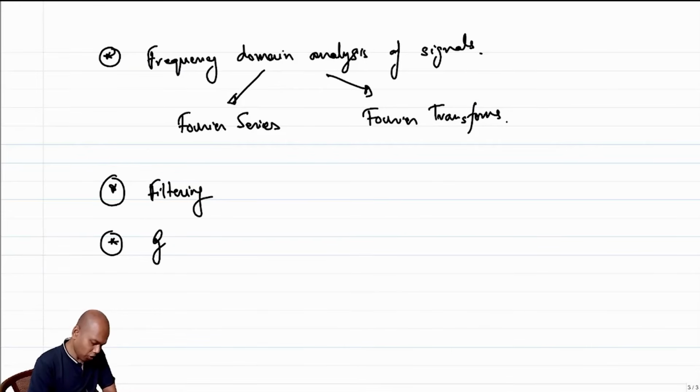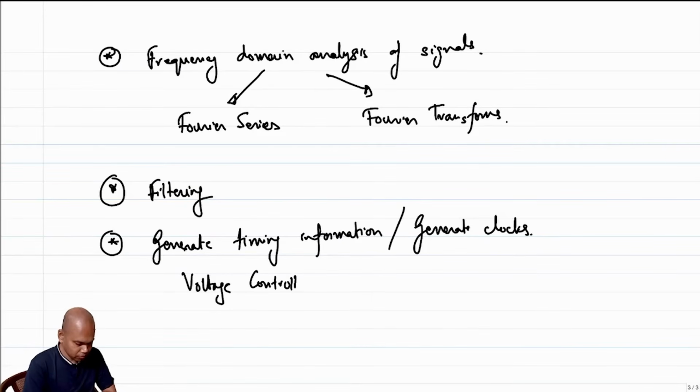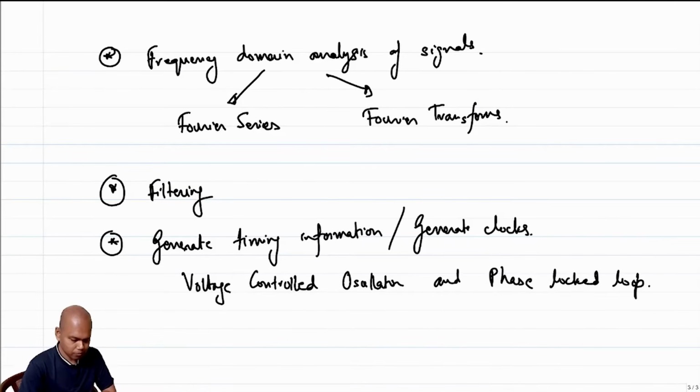So we need to understand how a clock is generated, how to generate timing information, or generate clocks, and for this we require an understanding of a circuit called a VCO, or voltage controlled oscillator, and a PLL, or phase lock loop, right? So this is the VCO, this is the PLL.